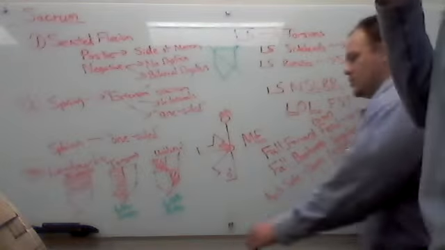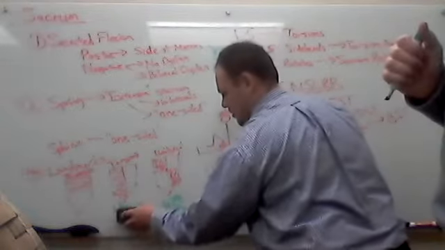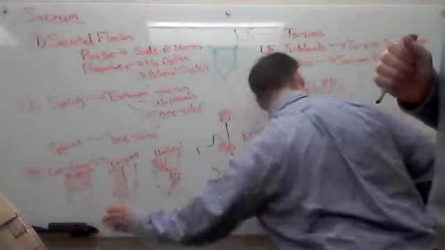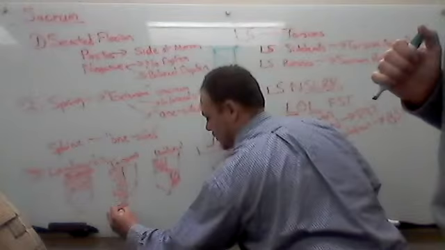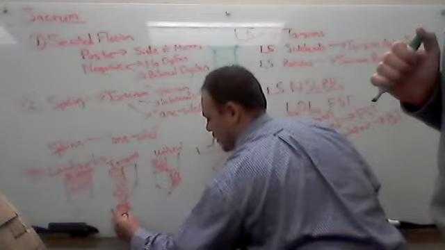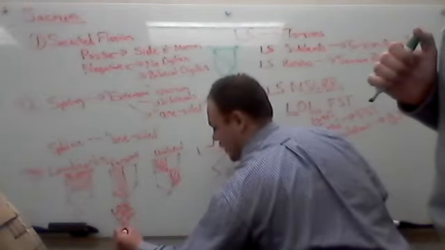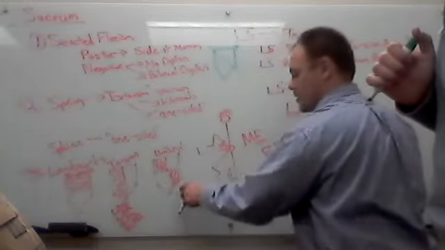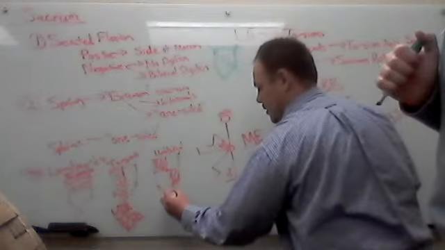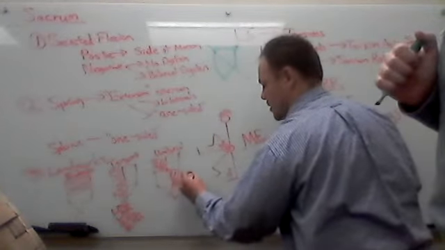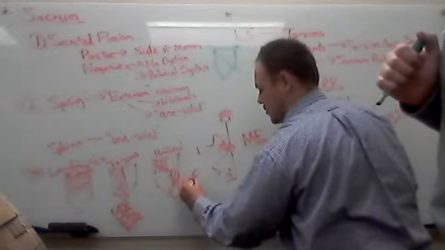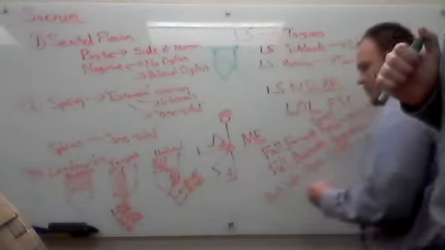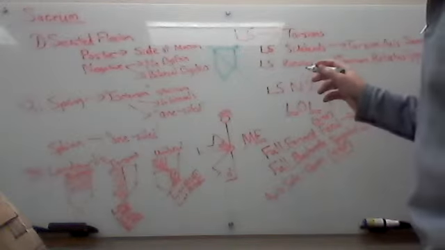So this will either be a left on left, left on right, right on left, or right on right. This one is going to be either your left or right unilateral flexions, or left or right unilateral extensions. Okay. Thank you. That's a good thing.